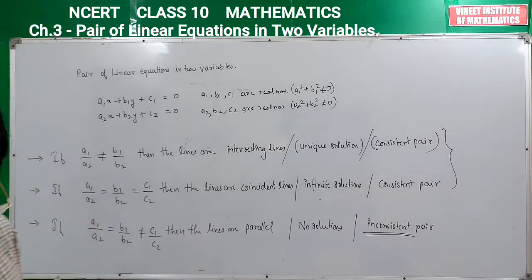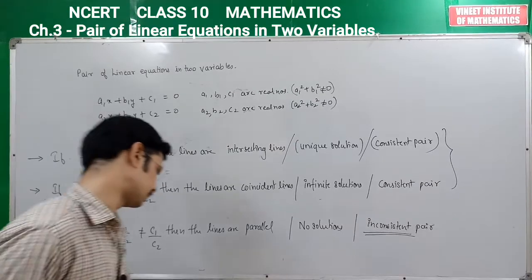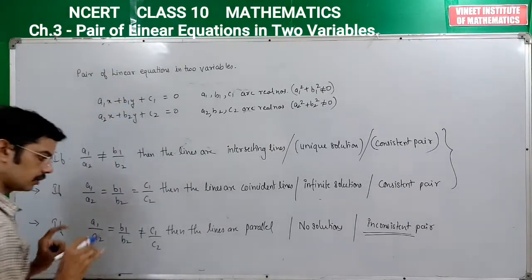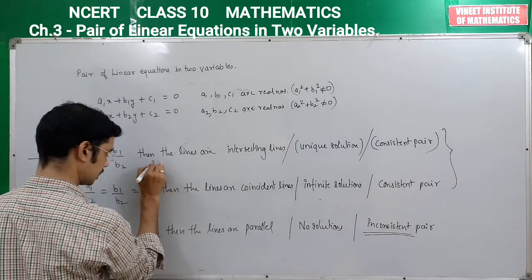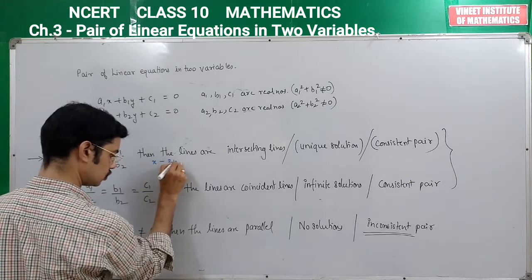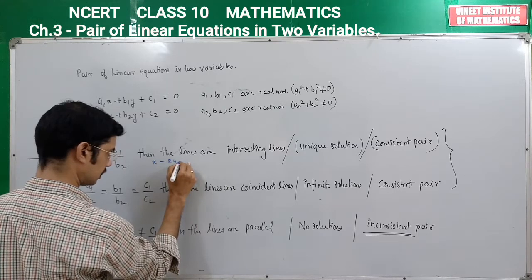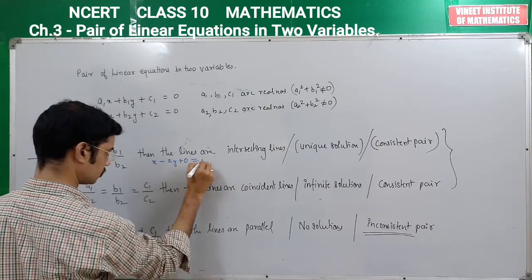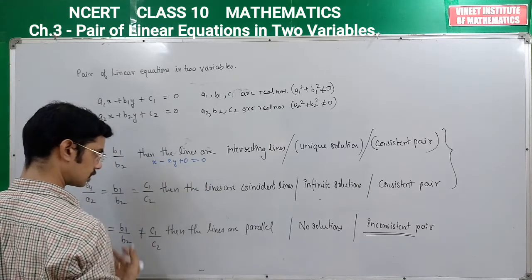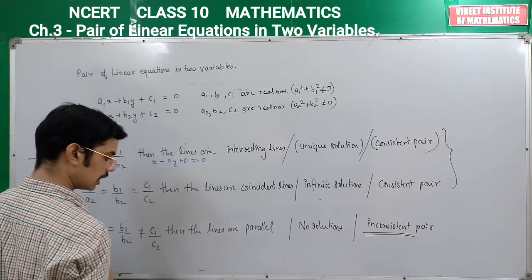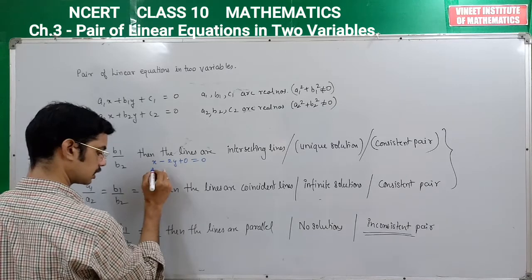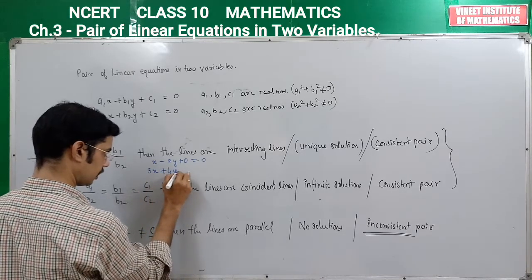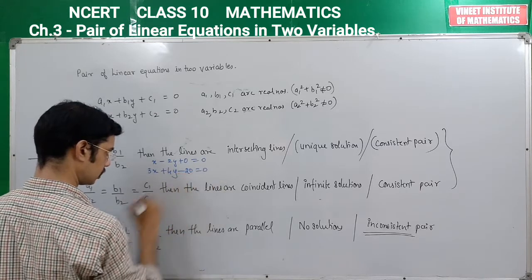Let us take some examples to understand this further. Let us consider two equations. Say x minus 2y equal to 0, and let me take the other equation as 3x plus 4y minus 20 equal to 0.